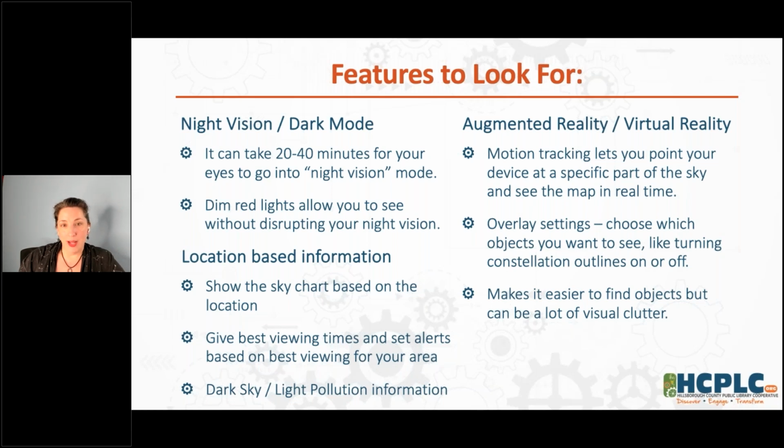With augmented reality, the phone is using a combination of different sensors to detect where you are and which direction you're pointing the phone, to get an idea of what the sky is behind that.